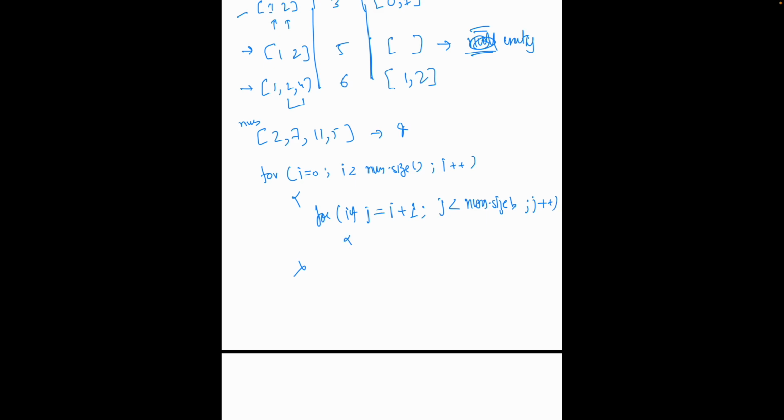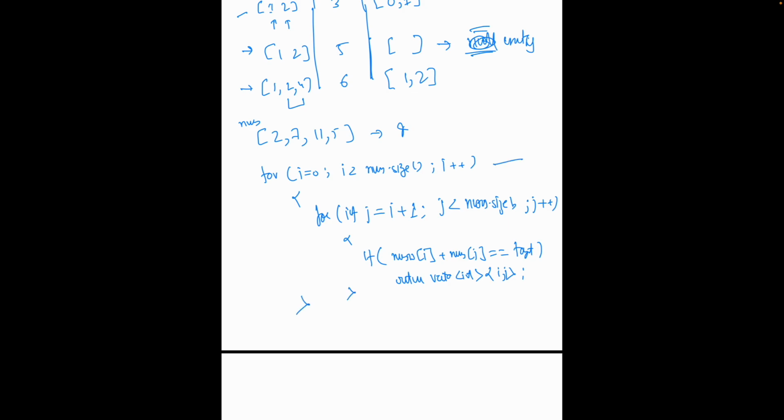And what you can do here is just say if nums of i plus nums of j is equal to target, then you just create a vector of int, put i comma j in it and return.